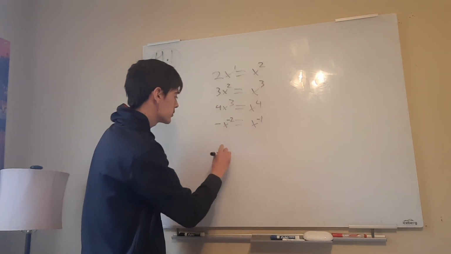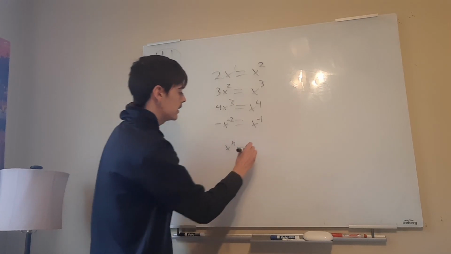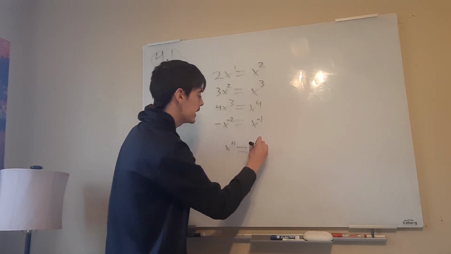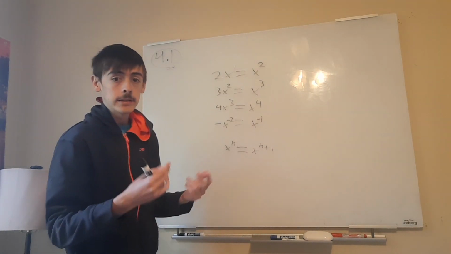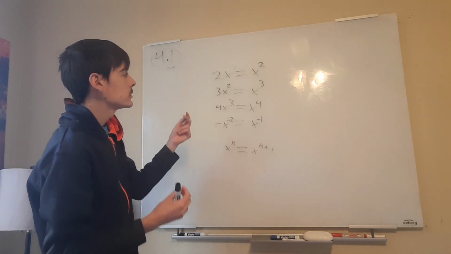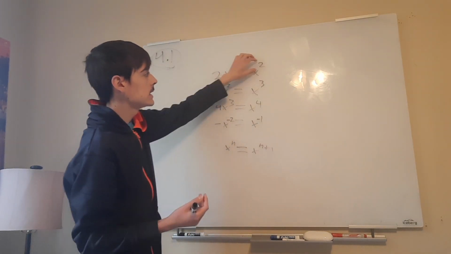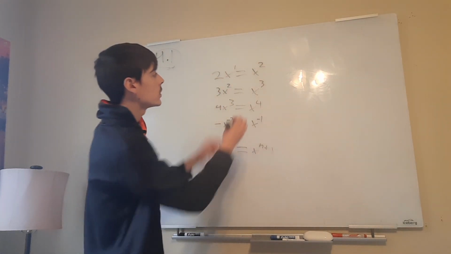So basically, if we were trying to take the antiderivative of x to the n, then our antiderivative would be x to the n plus 1, but there's still a little more to it, and that reason is going to be because of these constants out front. What we're doing is taking the same power that we have over here, and once we actually take the antiderivative, we're dividing by it.